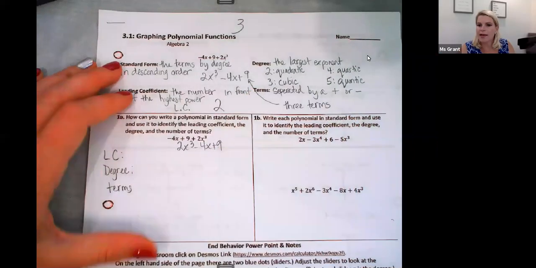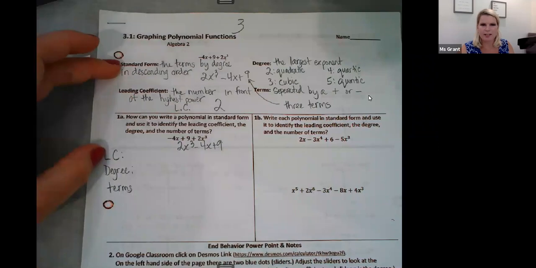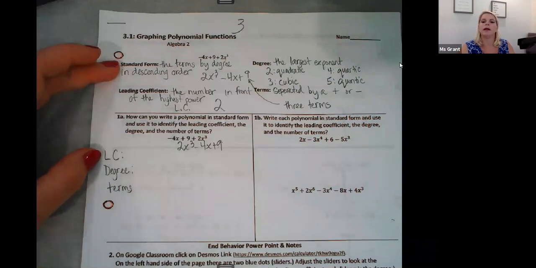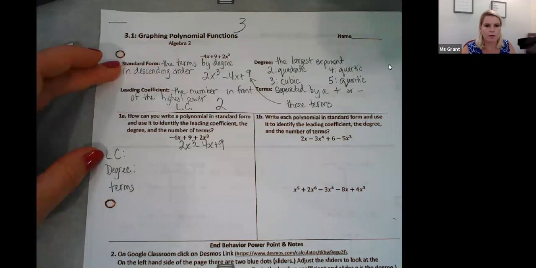Okay. Then it was Daniel's doing the leading coefficient. Daniel, thank you. Daniel, what is my leading coefficient? 2. Yep.